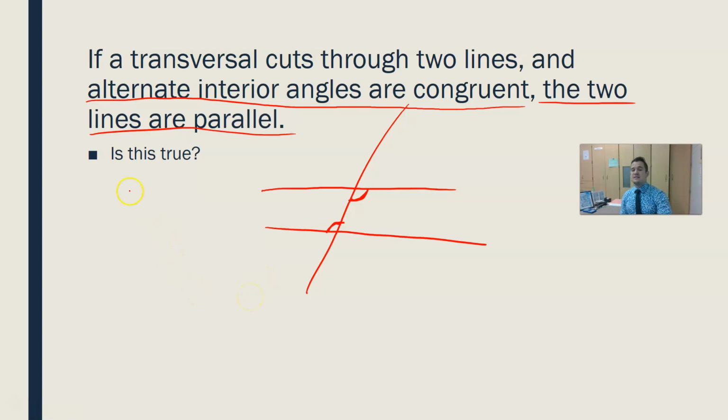Yes. In this case, the same works both directions. If the lines are parallel, then the alternate interior angles are congruent, and same in reverse, or conversely, if the alternate interior angles are congruent, then the lines are parallel. Works both ways.